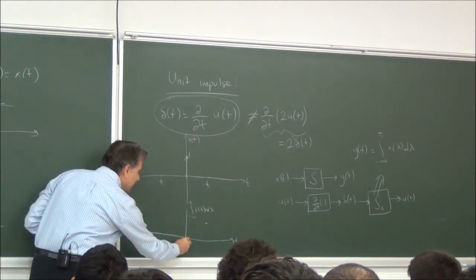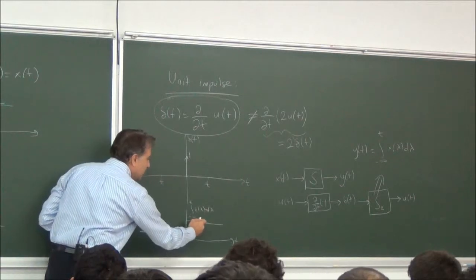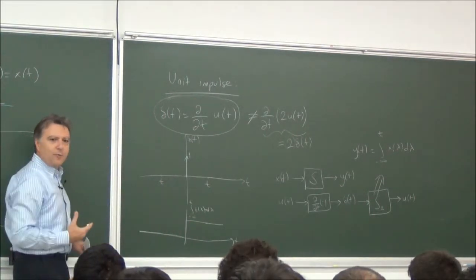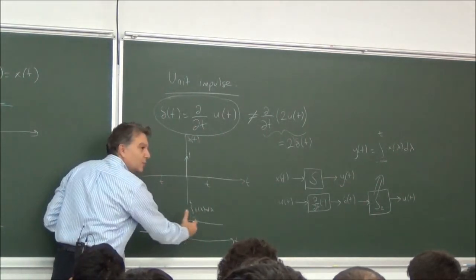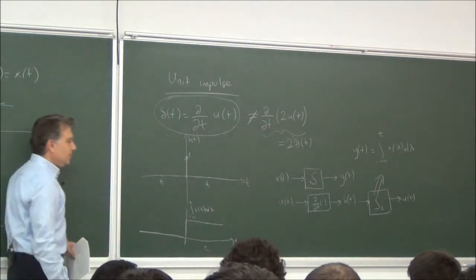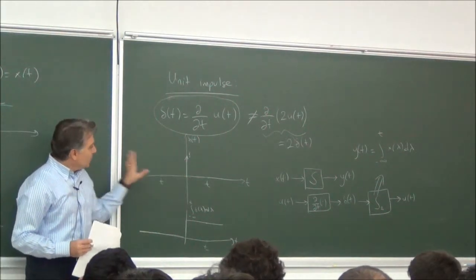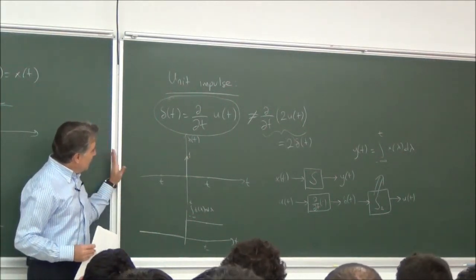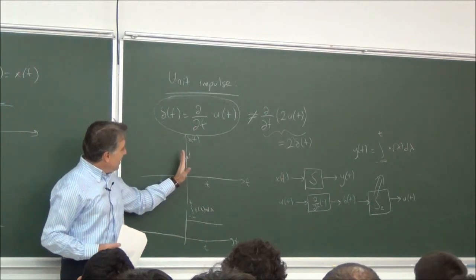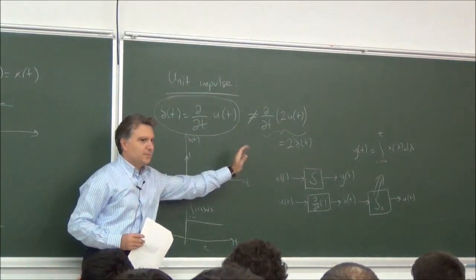Therefore, starting from here, immediately the integral will start providing us an area of 1. And it will go on as 1, 1, 1 everywhere for all t values greater than 0. So the area underneath will stay 0, and abruptly it becomes 1, and then it will continue as 1.